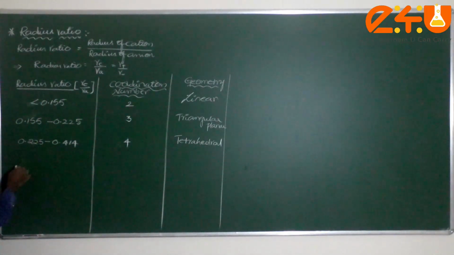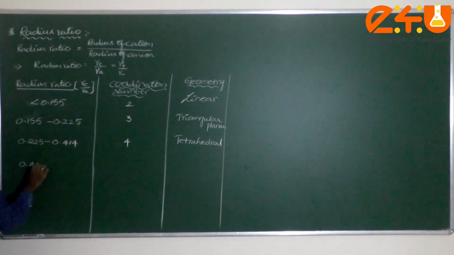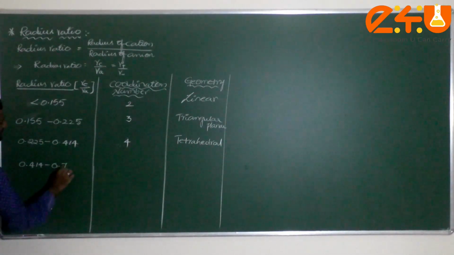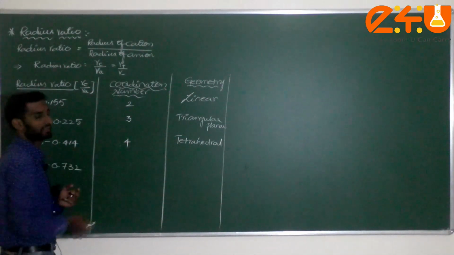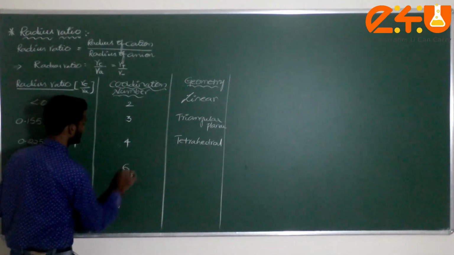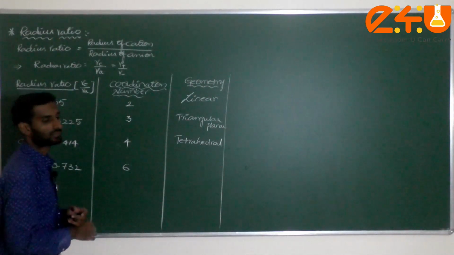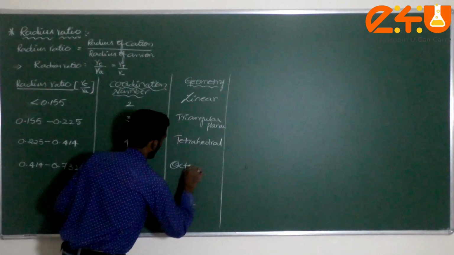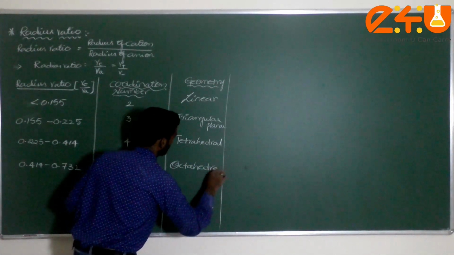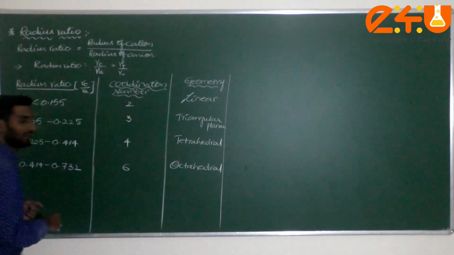Next, the radius ratio from 0.414 to 0.732. There is no coordination number 5, so directly the coordination number is 6. What is such a geometry? That is octahedral.